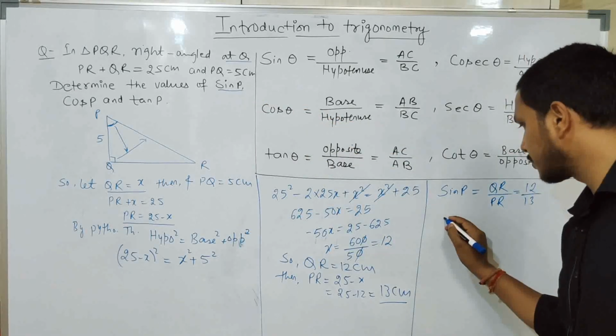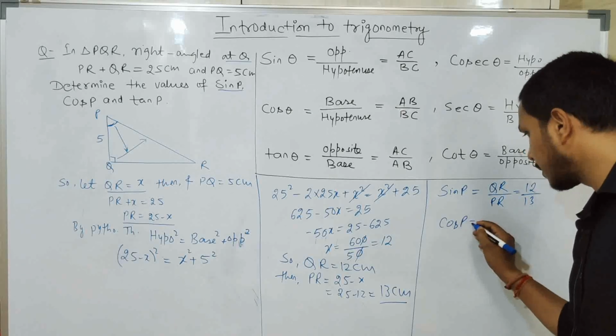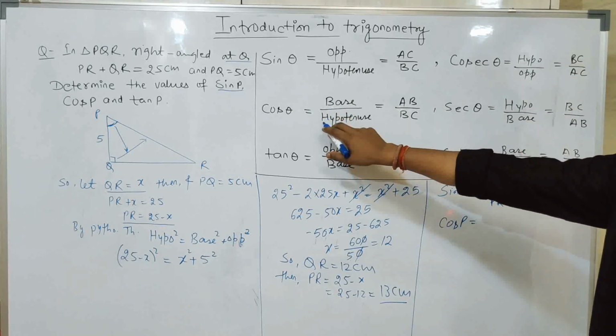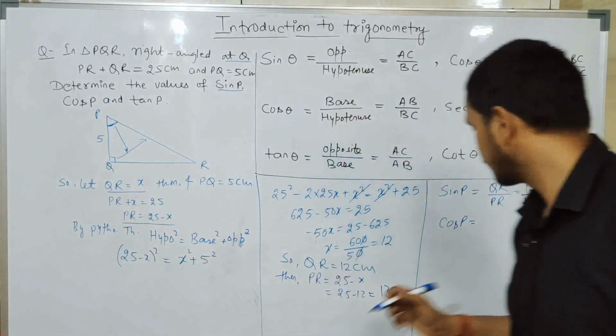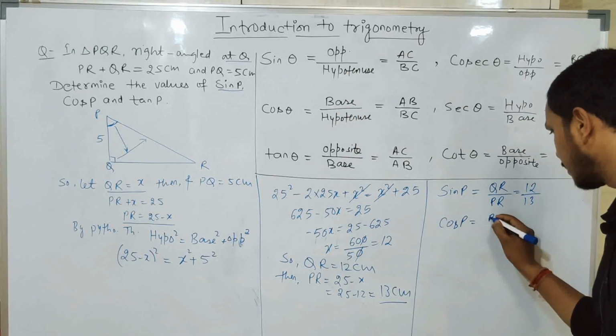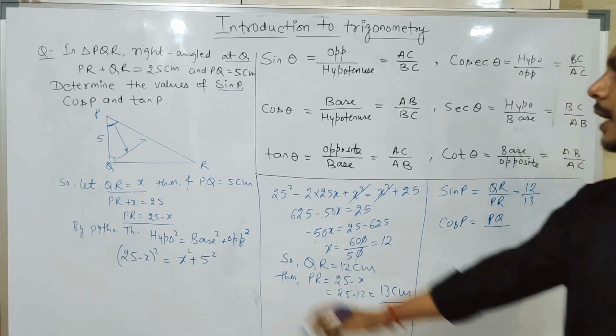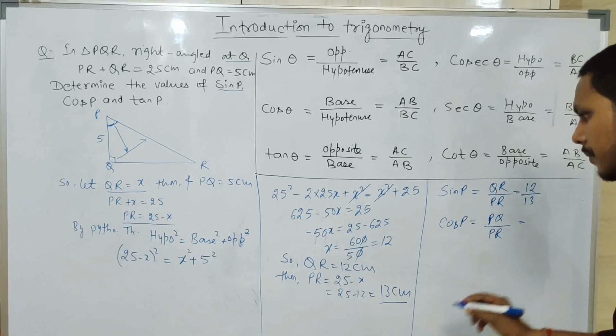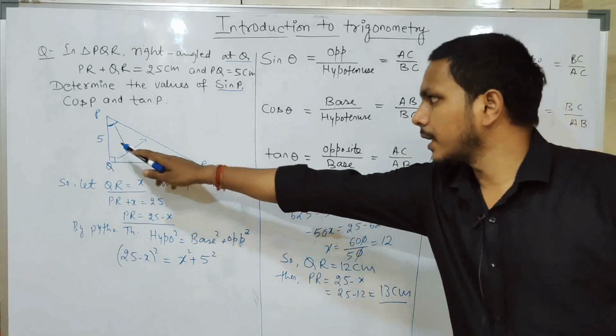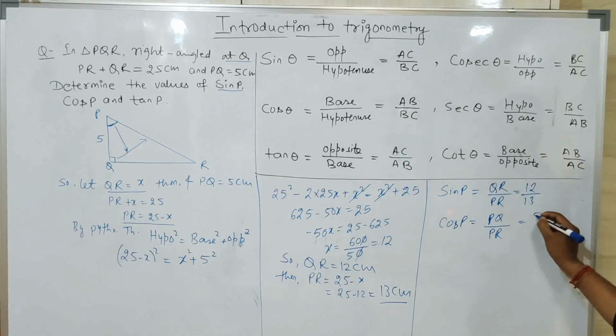Now cos P equals to what? Again the ratio is base upon hypotenuse. So base is PQ, and hypotenuse is PR. Again put the values. PQ is directly given 5, and PR is 13.